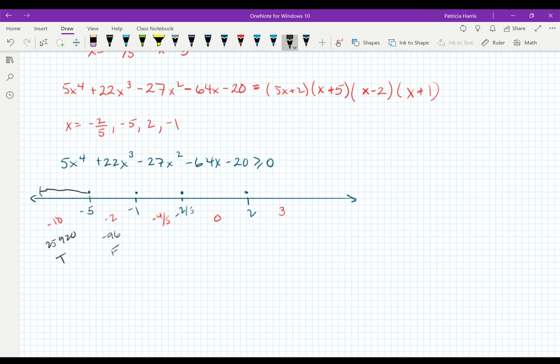So for ease of calculation, I'm going to change the -4/5 to a -0.8. Okay, so that'll make my life a little easier when typing it in on the calculator.